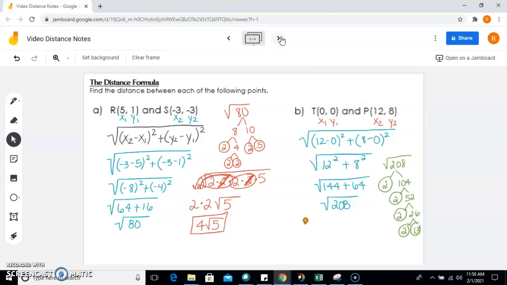So when I put them all back underneath, I have a pair of 2's, get rid of 1, bring it out. Another pair of 2's, get rid of 1 and bring it out. And then we're left with our 13. Multiply on the outside, and 4 square root of 13 would be my final answer.